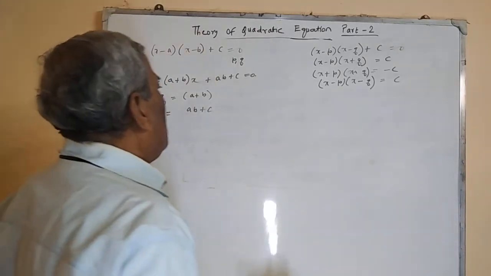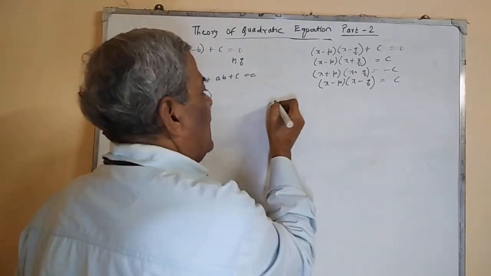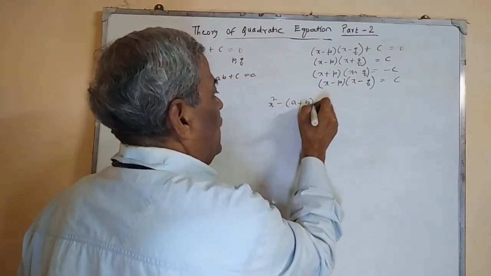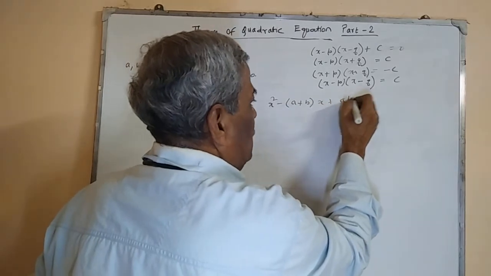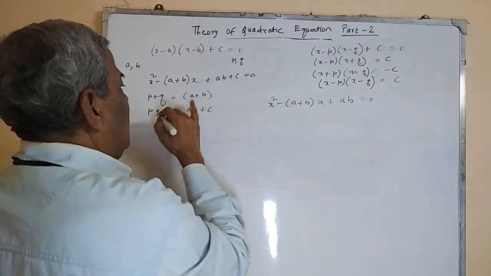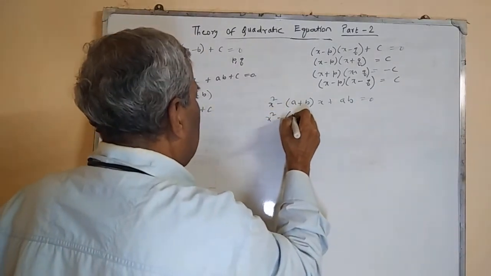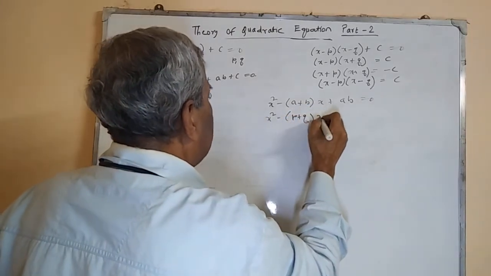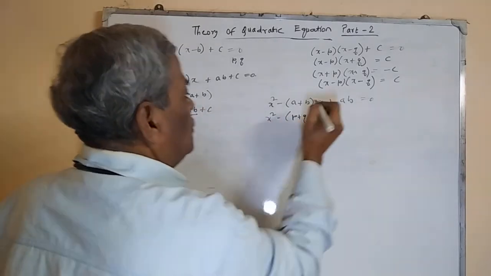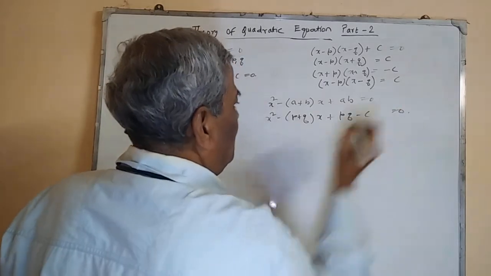Now we have to find an equation whose roots are a and b. That is, the equation is x square minus a plus b into x plus ab is equal to 0. But a plus b is equal to p plus q. So x square minus p plus q into x plus ab, which is pq minus c, is equal to 0.